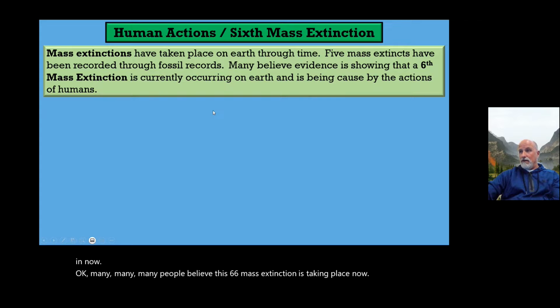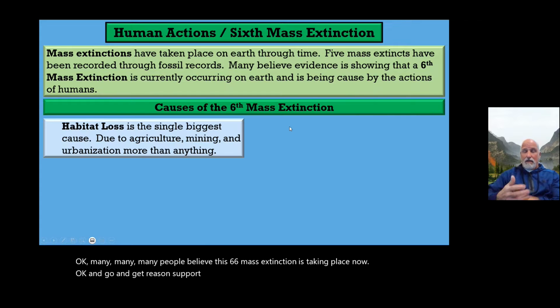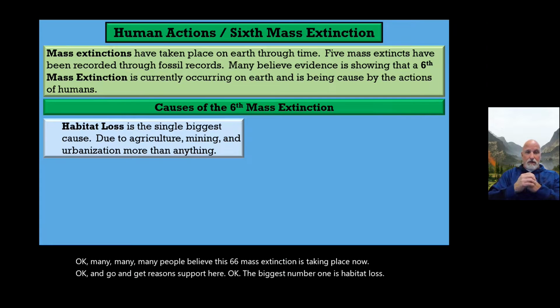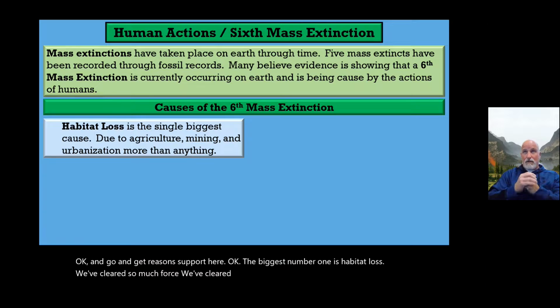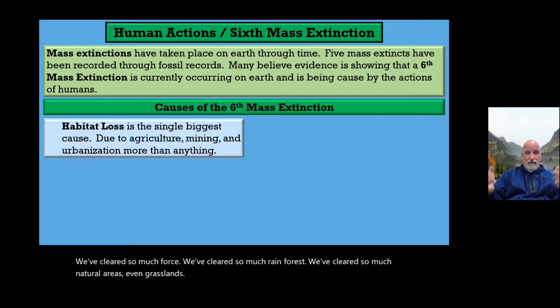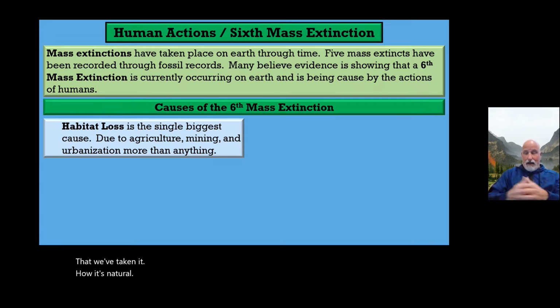Okay, and it gives reasons for it here. The biggest and number one is habitat loss. We've cleared so much forest, so much rainforest, so many natural areas, even grasslands, that we've taken it out of its natural habitat, and that ends up naturally killing some animals and some plants, of course.